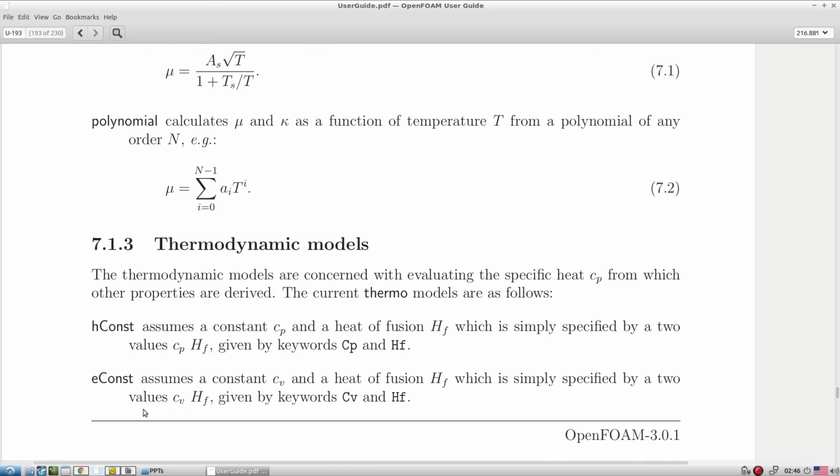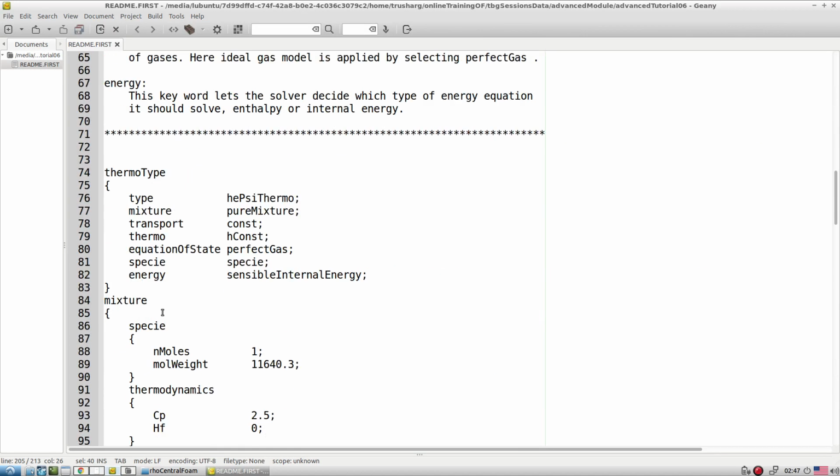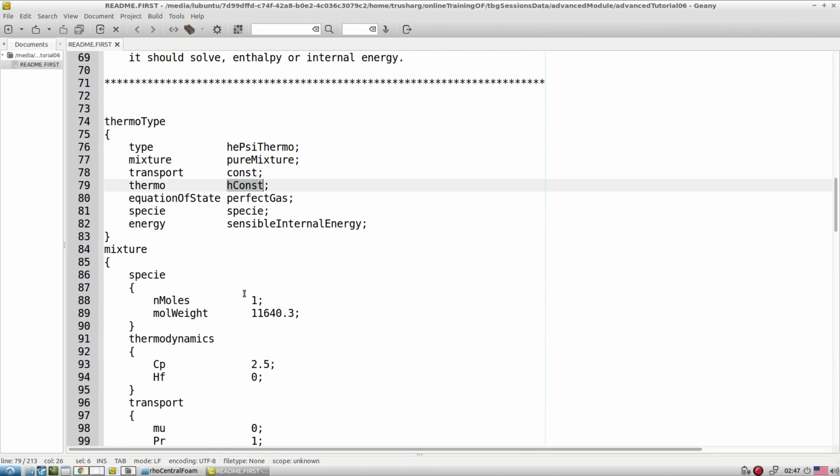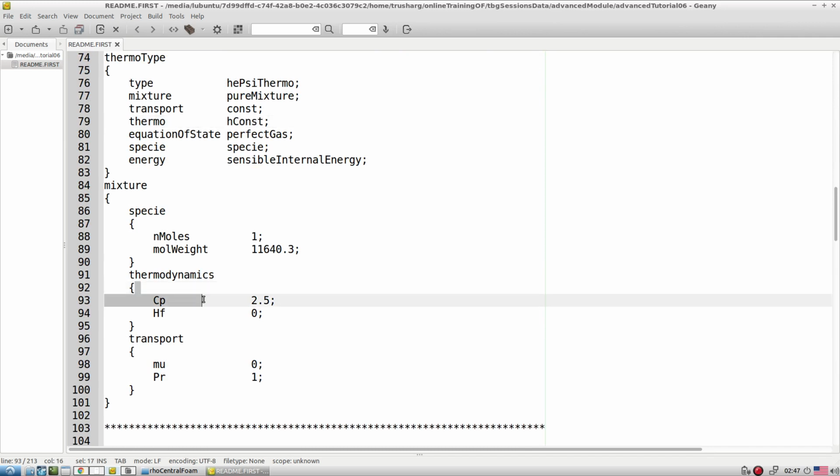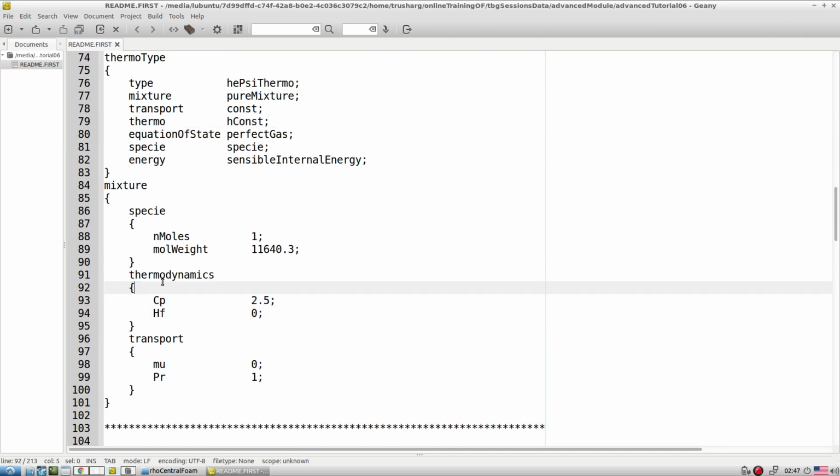Then we have H constant. This is a thermodynamic model that assumes a constant Cp and heat of fusion Hf, which is simply specified by the two variables Cp and Hf. So when you work with H constant, where thermo equals H constant, then immediately in the thermodynamic properties we have to specify Cp and the heat of fusion.